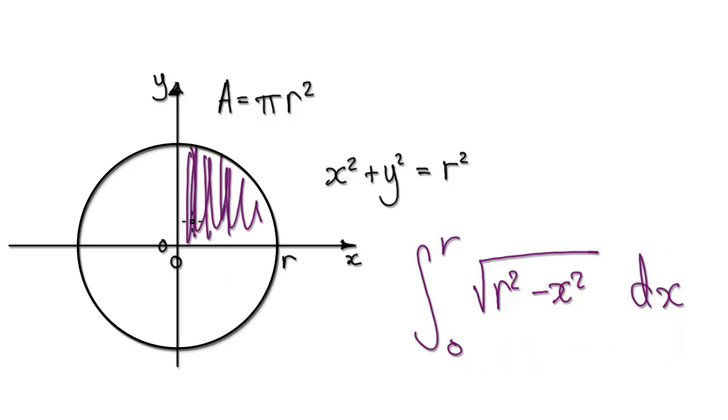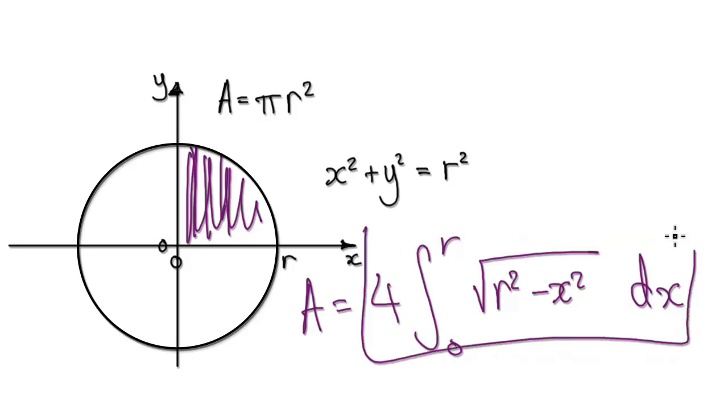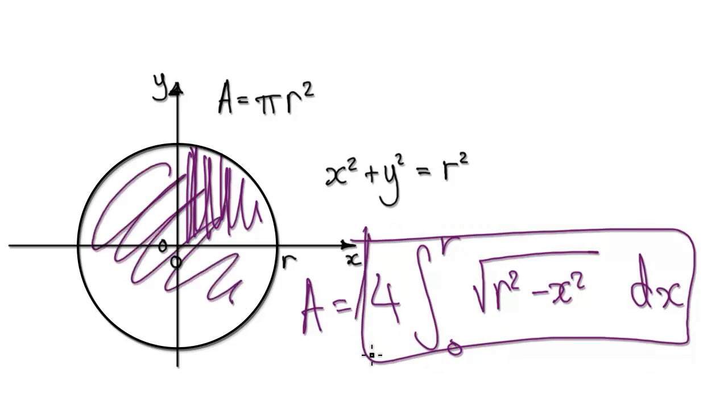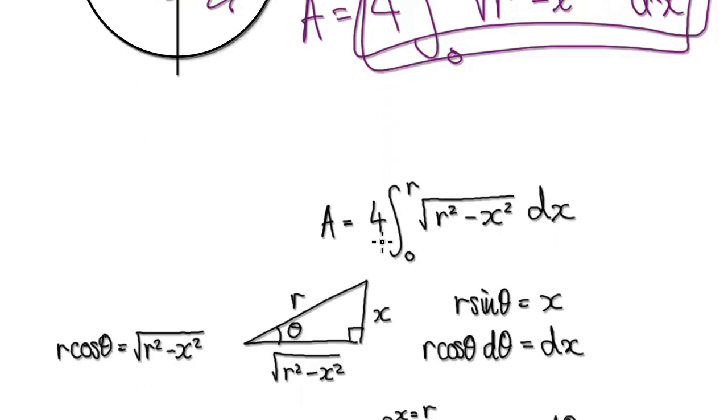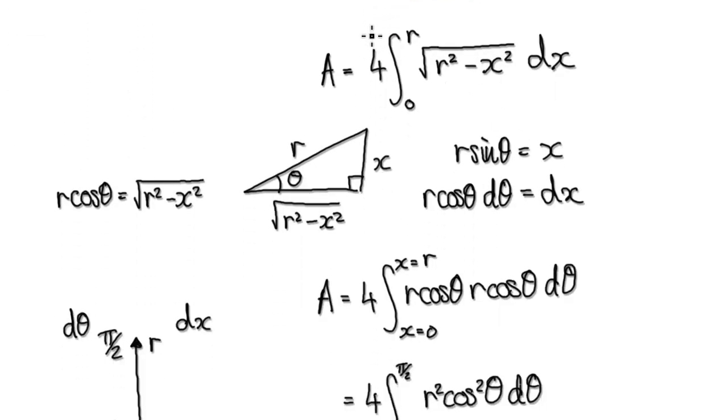But if we want the whole area, it would be four times this thing here. So now it really boils down to us evaluating this thing here. So the whole area of the circle is given by this thing here.